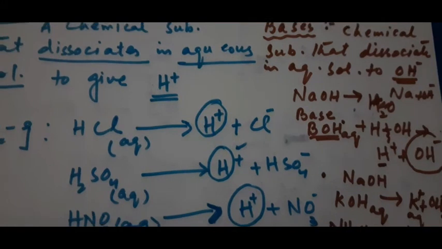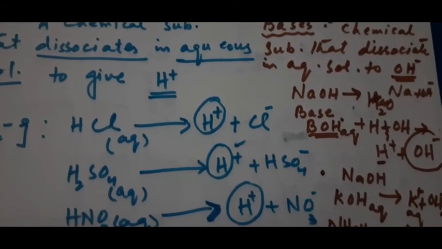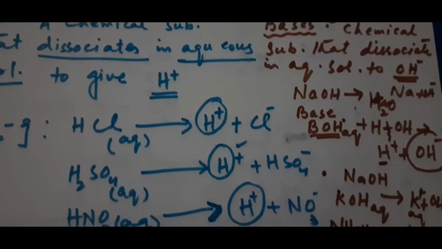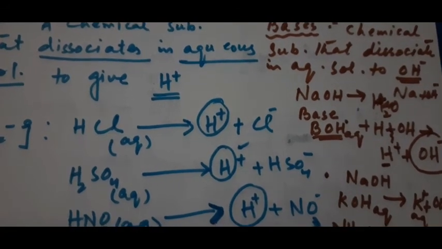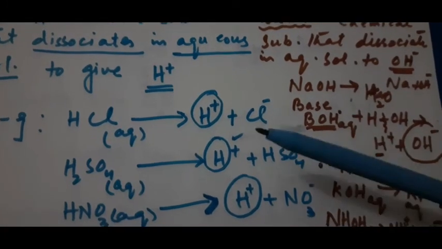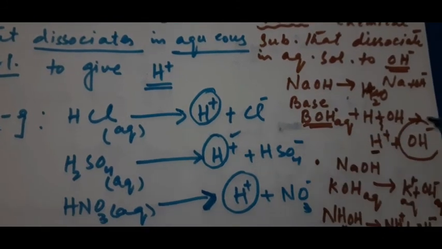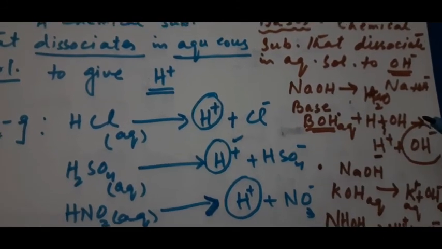Now we will discuss some limitations. It means some points had not yet been discovered or discussed at that time. Arrhenius said substances which give hydrogen ion are called acids, and those which give OH ion are called bases.